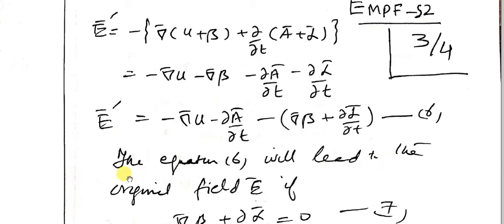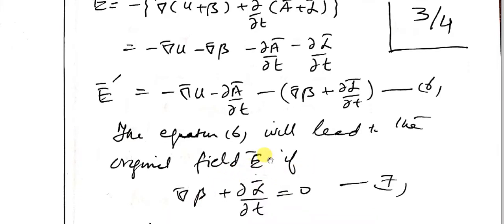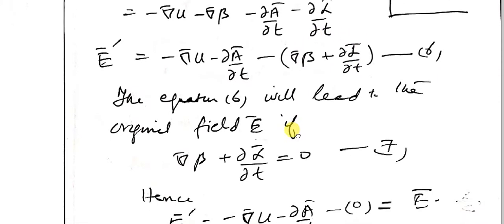Now this equation 6 will lead to the original field E if this term, gradient of β plus ∂α/∂t, is equal to 0. Obviously, we have already said that the change in these potentials does not affect the main fields, so it will happen only if we apply this condition, that whatever the change taking place, the total will tend to equal 0.